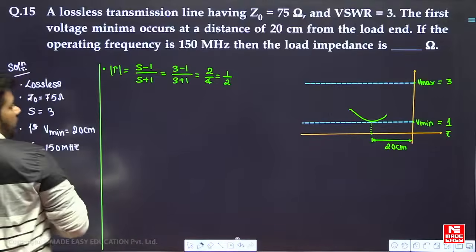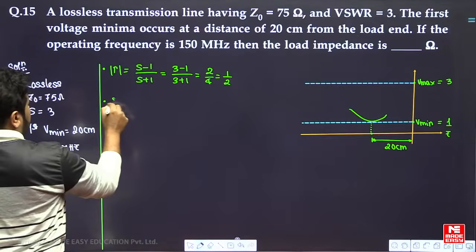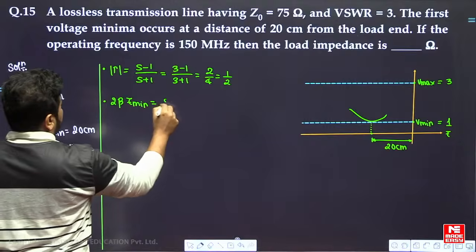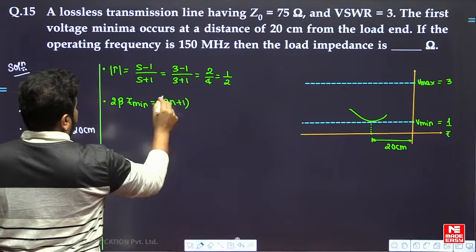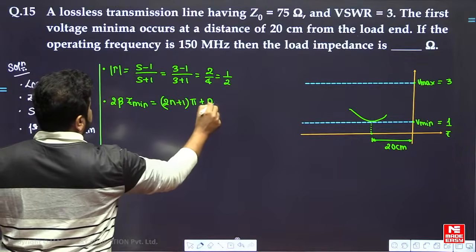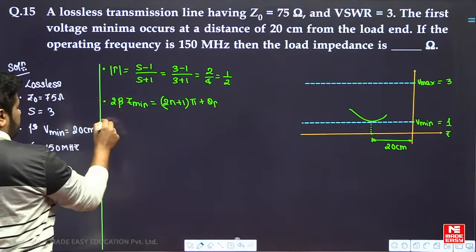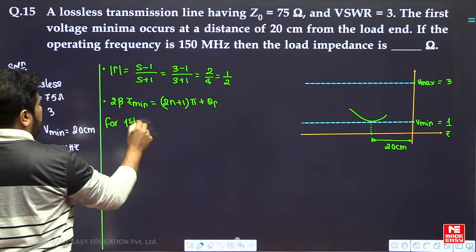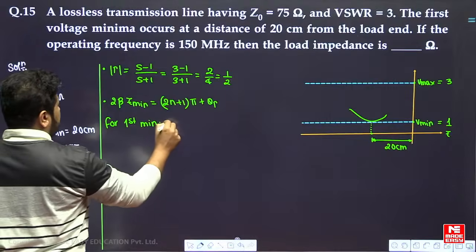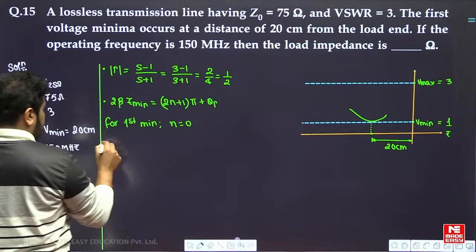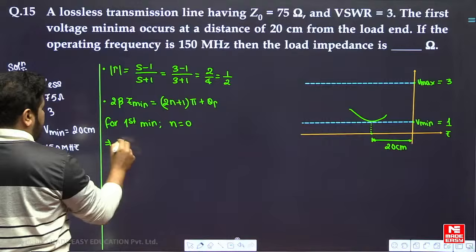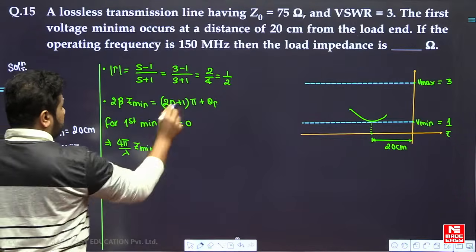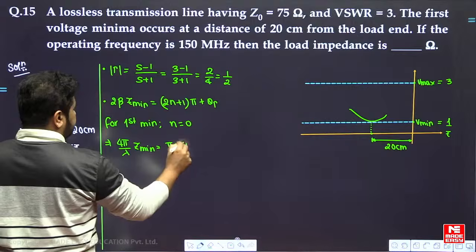Now, 2 beta Z minima, for the minima, the formula is (2n plus 1) into pi plus theta gamma. For the first minima, n is equal to 0. So this will become 4 pi by lambda into z minima equal to pi plus theta gamma.